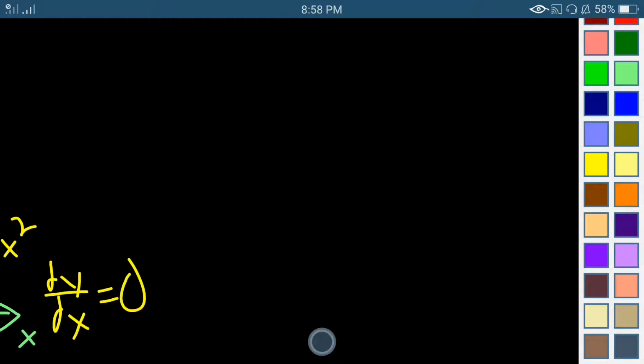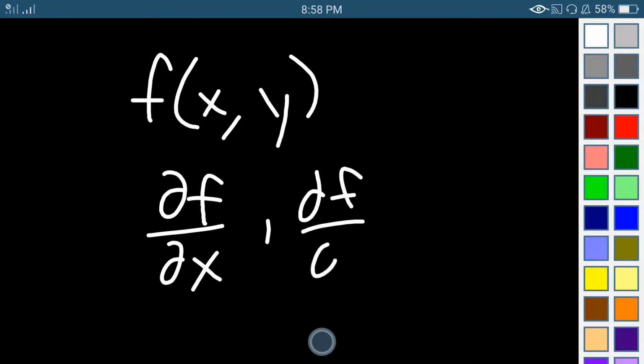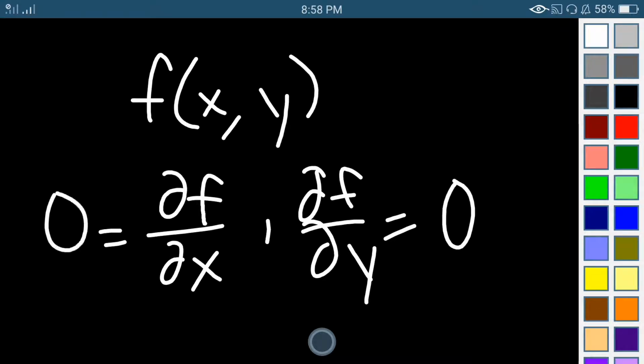Now in multivariable functions, it's quite similar. Let's say we have a function f of x, y. All we have to do is take the partials and set them both equal to 0, and we would have found the minimum or the maximum of the function.